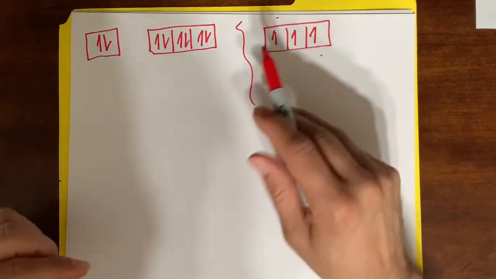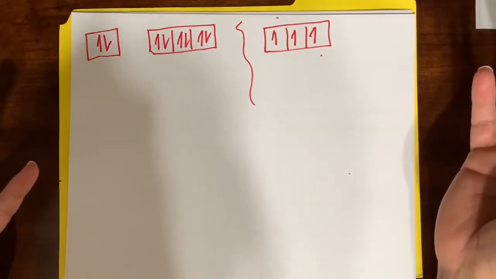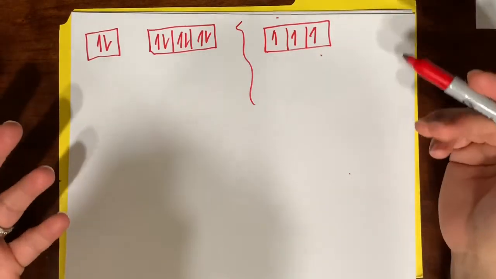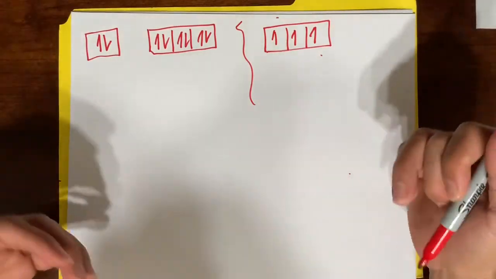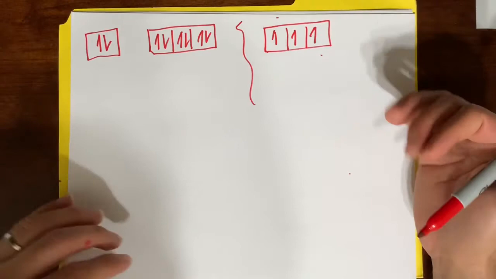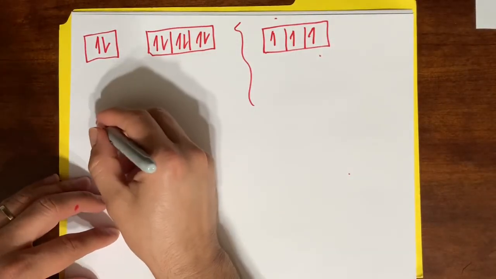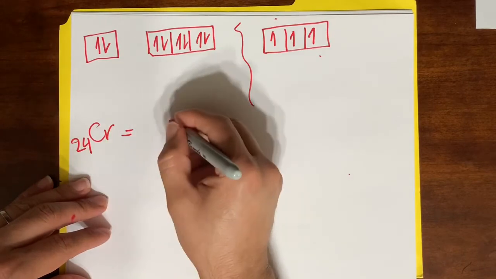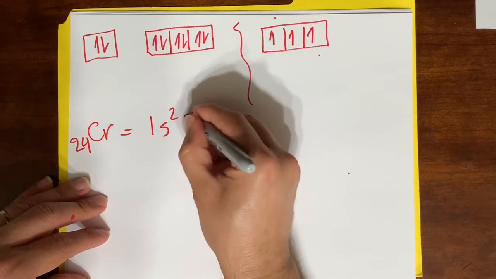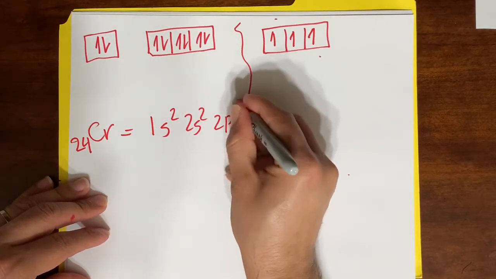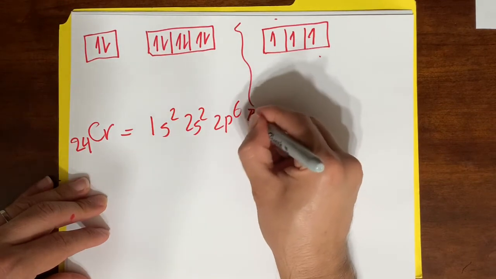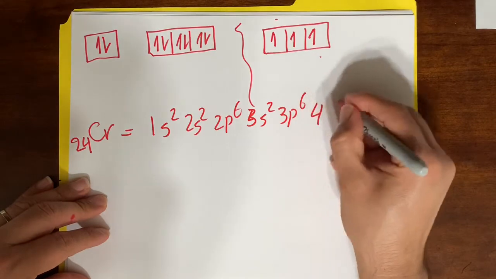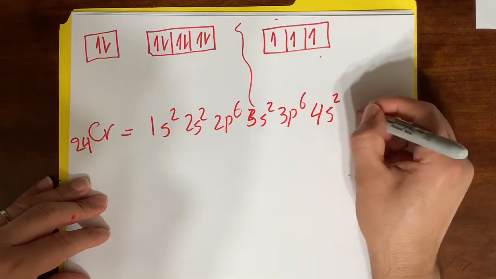All orbitals are at least half occupied. Because there is a symmetry, that orbital makes the system more stable. And when it comes to chromium, with 24 electrons, we have 1s2, 2s2, 2p6, 3s2, 3p6, 4s2.